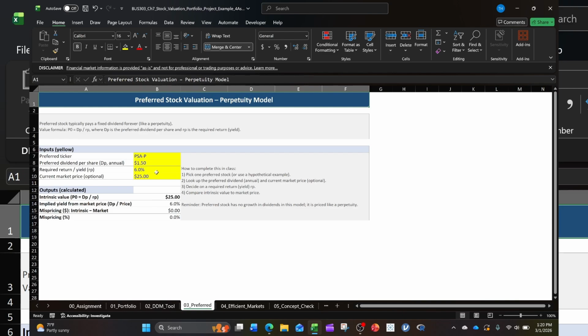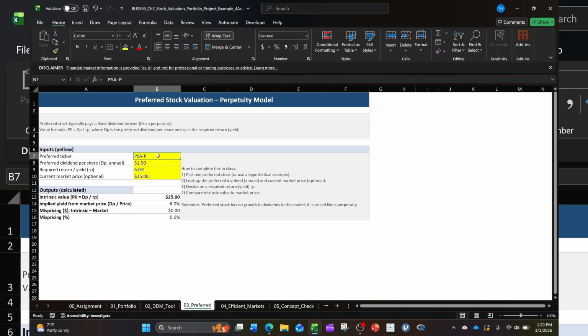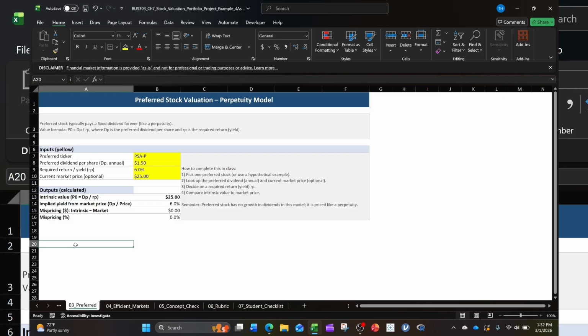All right, so here I provide a ticker for PSA, the preferred dividend per share, the DP annual, the required return, and the current market price. Preferred stock, like this, often has an extra letter or series designation in the ticker.